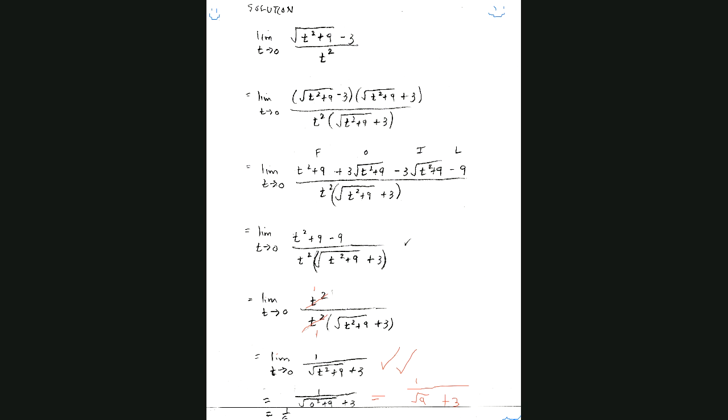The bottom didn't come out, so I'm writing it here with my marker, John. You're going to get 1 over 3 plus 3, and that's 1 over 6. That's right.